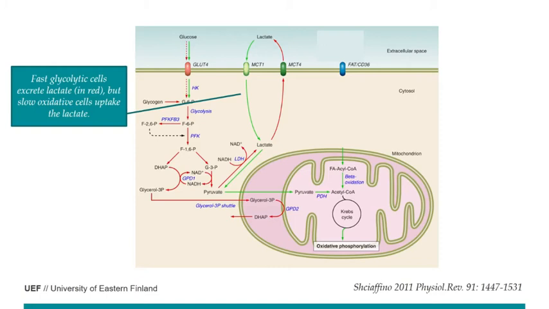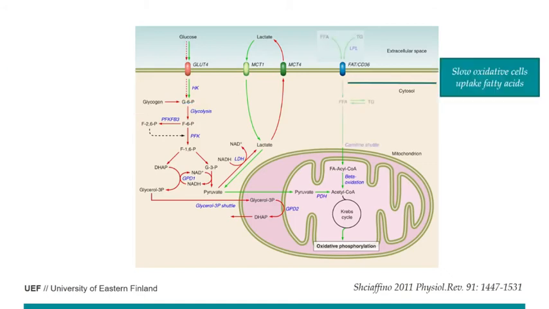And then the next cell, if that's oxidative, will uptake the same lactate to produce energy with the oxidative phosphorylation. And not only are they uptaking lactate, but they also have good ways to uptake fatty acids for the energy metabolism.